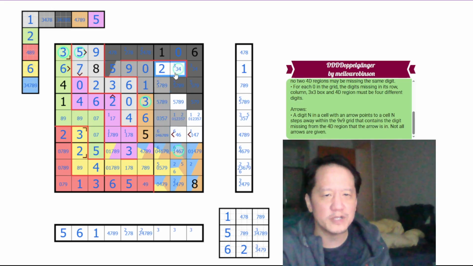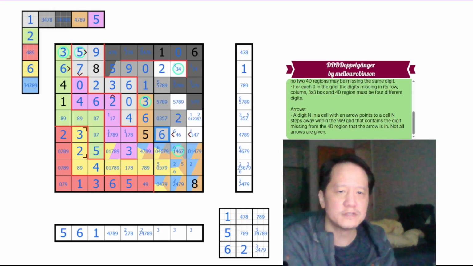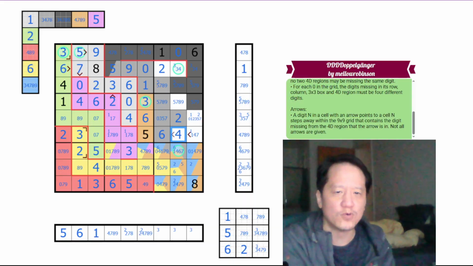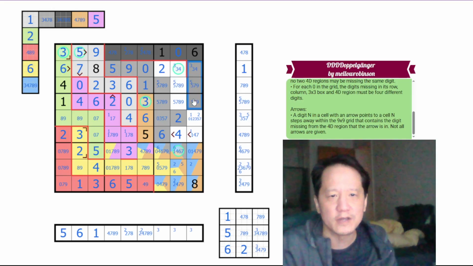So if this is medium gray, this would have to go this way. So this would be the 2. This would be 6, so that would be 4. We'd have this, so this is not dark. This can't be dark because that would block that out.